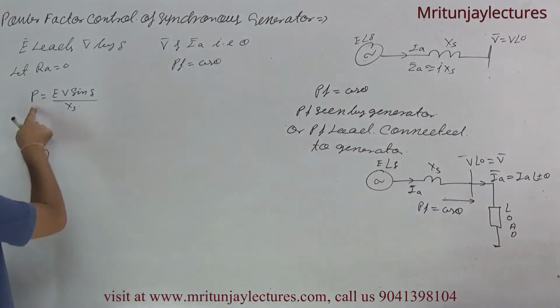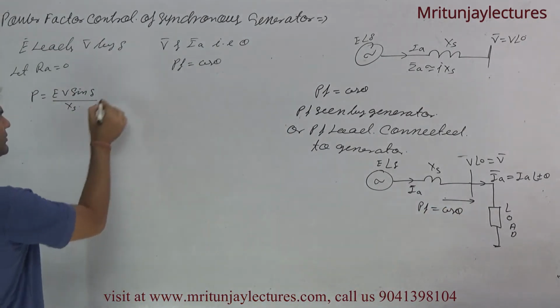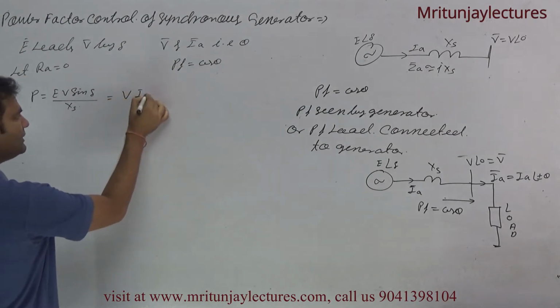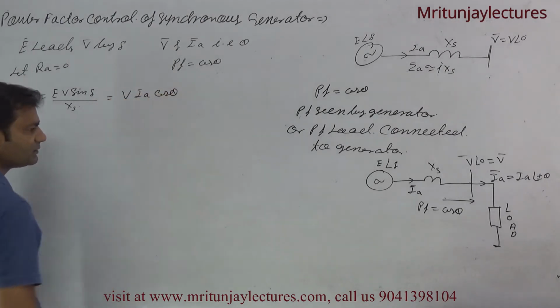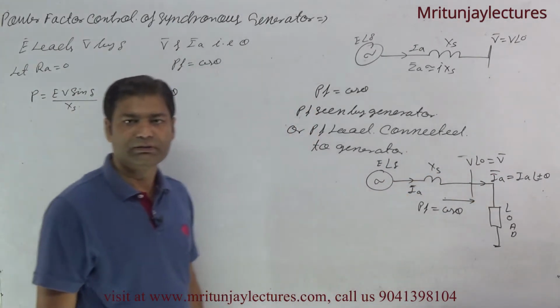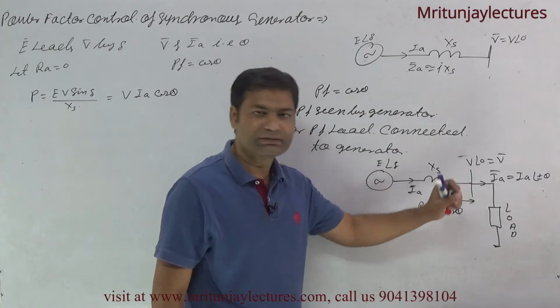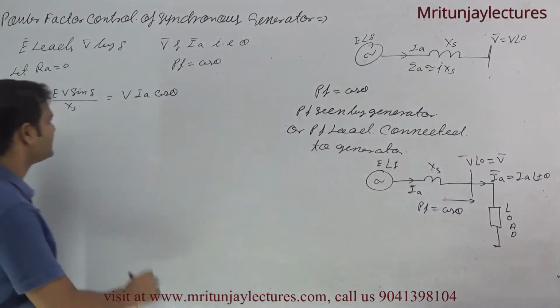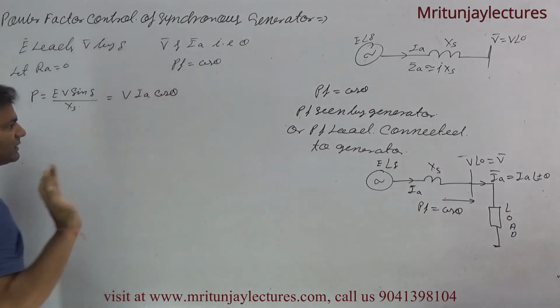This is the electrical output power, and it is also written as V into IA into cos theta. The angle between V and I is theta, that's why it is written as V IA cos theta. Clear?